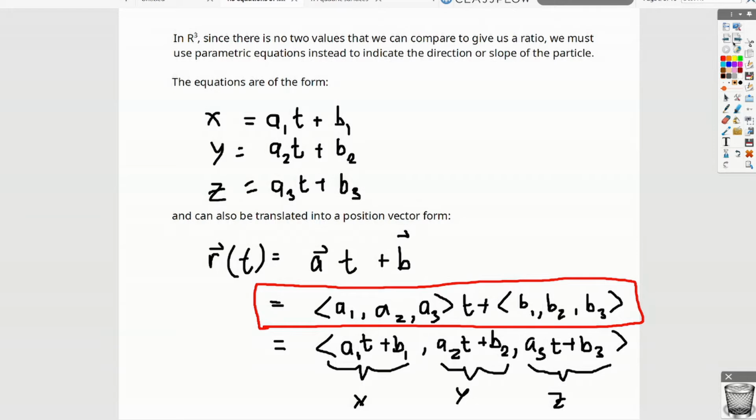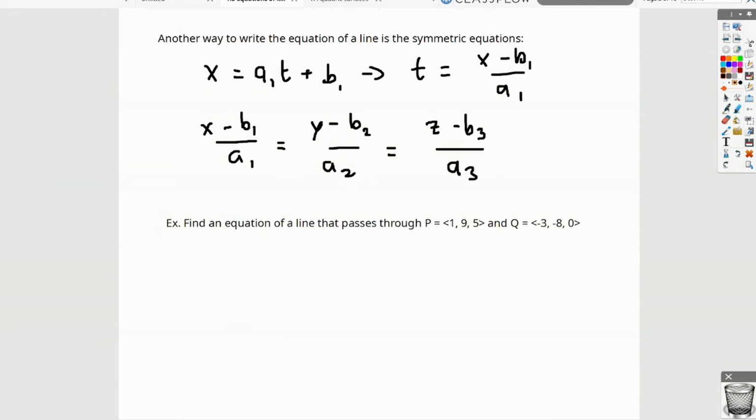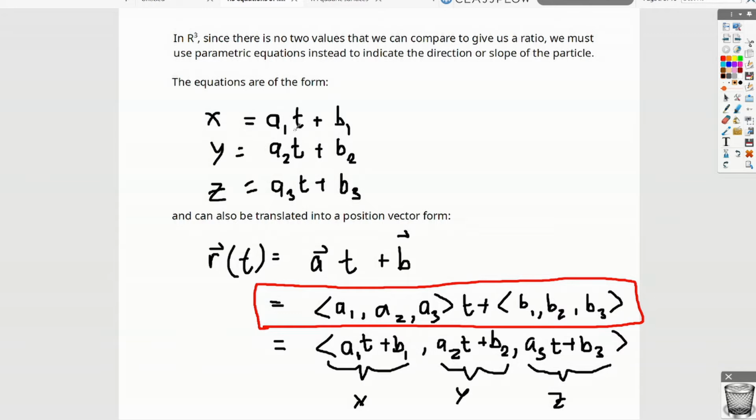But there's also another form that the book wants me to teach you. I don't think that this form is useful at all, and it will not be on my test, but it's here, so you have to learn it. The other form is the symmetric equations. If you have this line right here, x equals a1t plus b1, you can actually solve for t, right? And since every single one of them has t, you can set them equal to each other.